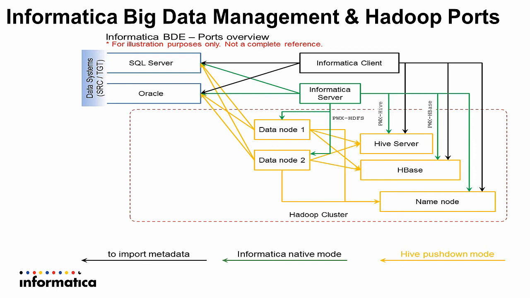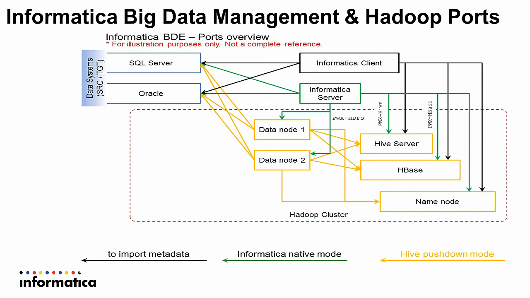So there's a lot of interaction that goes on within the Hadoop cluster, with the Informatica server itself, and then with the Informatica clients. We will talk about port connectivity.